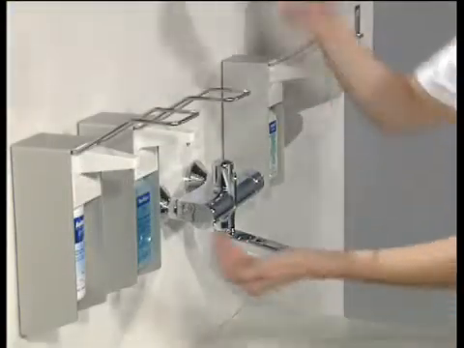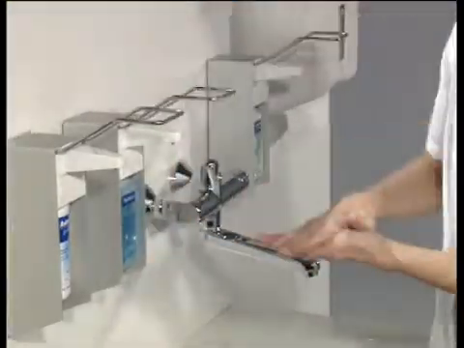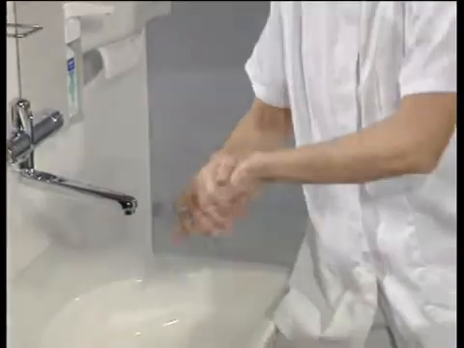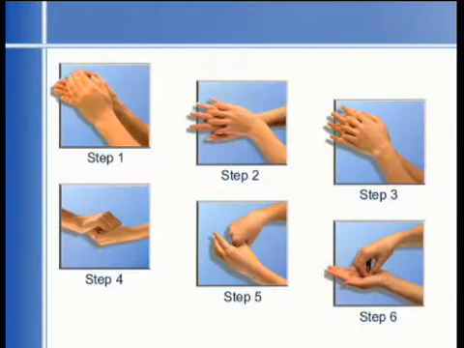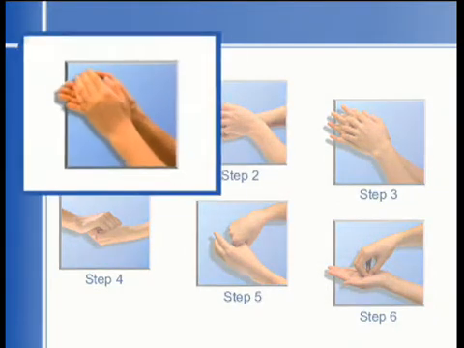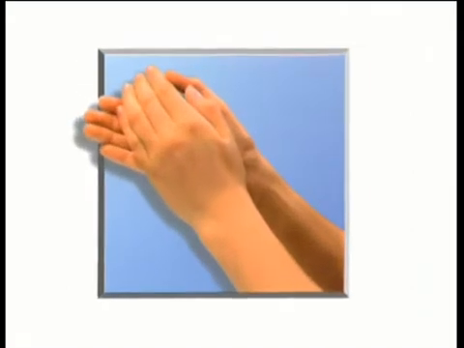First, press with your elbow to dispense the alcohol-based hand antiseptic into the cupped palm of your hand, and immediately begin to rub it in as follows. First, rub the flattened palms against one another.